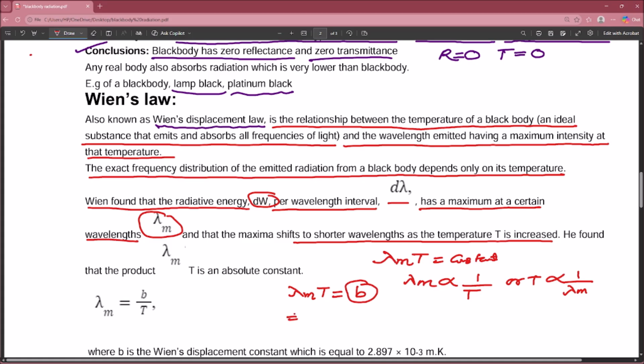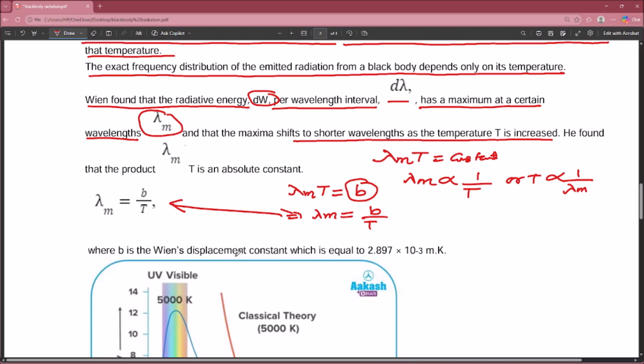So we can write λm is equal to b by T. Here b is Wien's displacement constant, whose value is 2.897 × 10^-3 m·K.